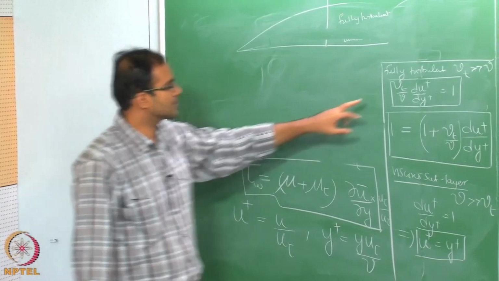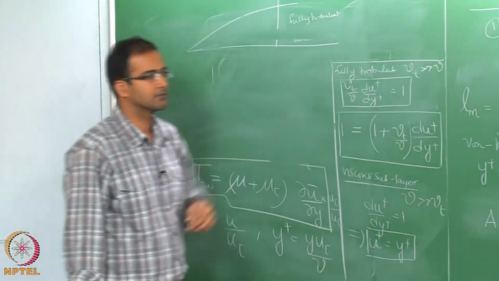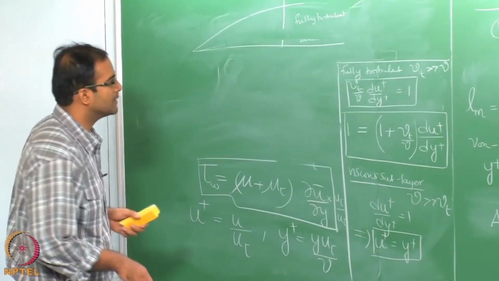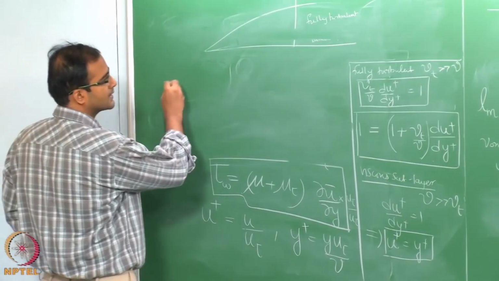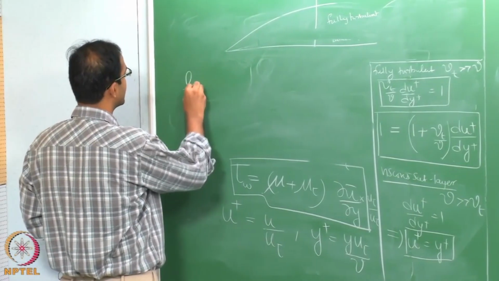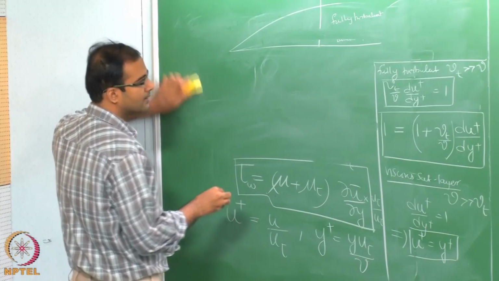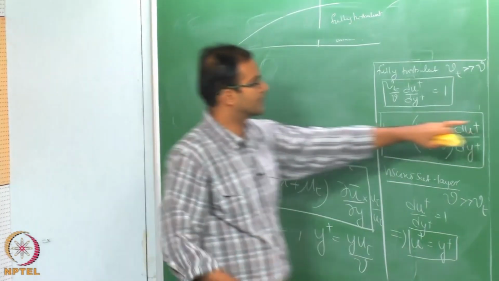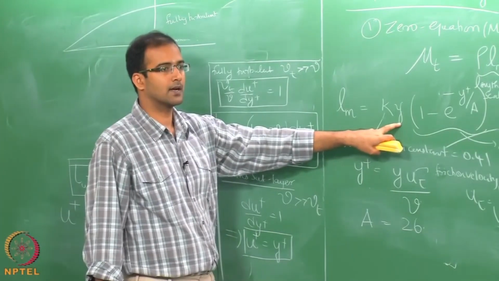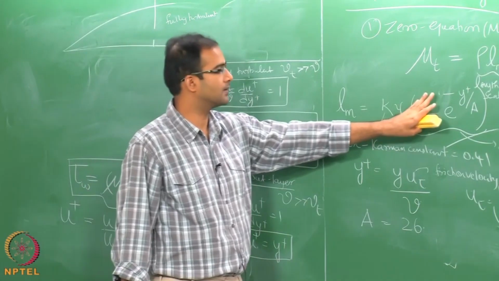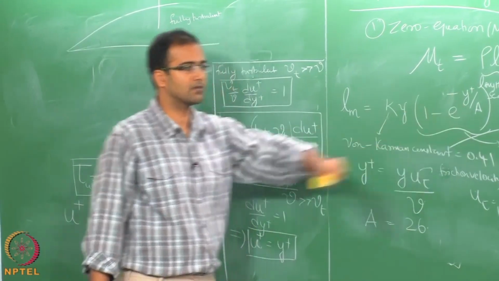So, now you substitute mu t from the mixing length model. So, you have essentially Lm square, and what is Lm square? Von Karman constant square times y square, because in the fully turbulent region you do not have the damping function.